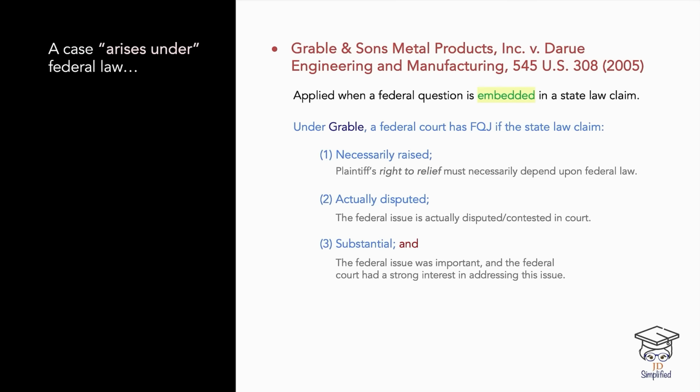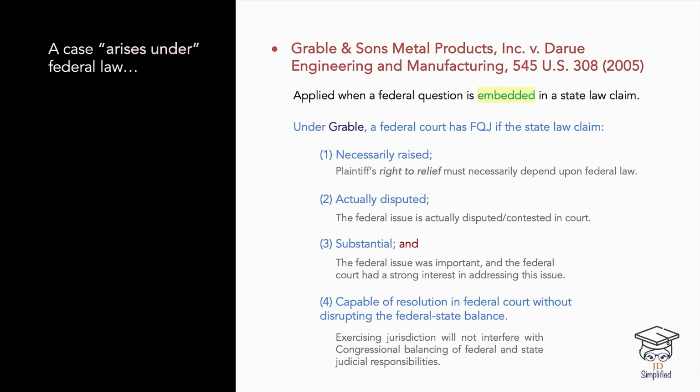Three, substantial, meaning the federal issue was important and the federal court had a strong interest in addressing the issue. And lastly, capable of resolution in federal court without disrupting the federal-state balance. This means that exercising jurisdiction will not interfere with the congressional balancing of federal and state judicial responsibilities.